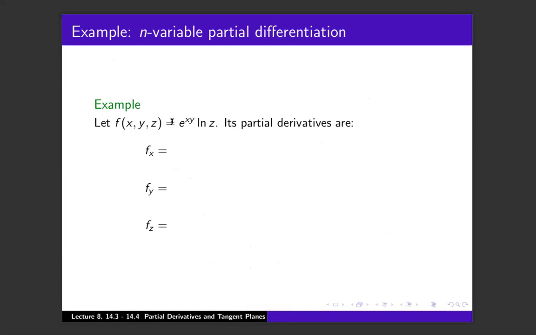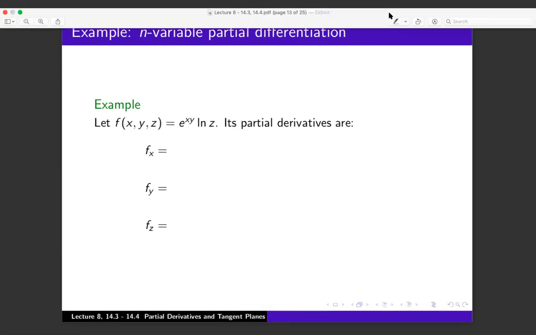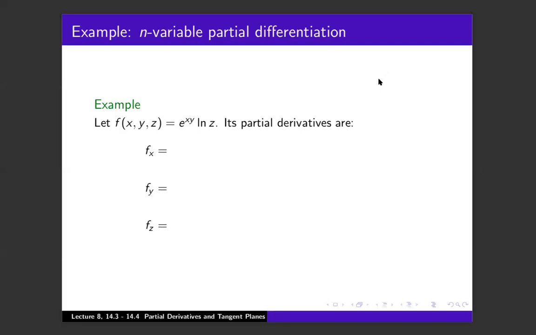So can anyone figure out what fx is? What would fx be in this case, differentiating with respect to x? After staring at that for a little bit, we can begin to see what that would be, right? You have f(x,y,z) equals e to the xy ln z.